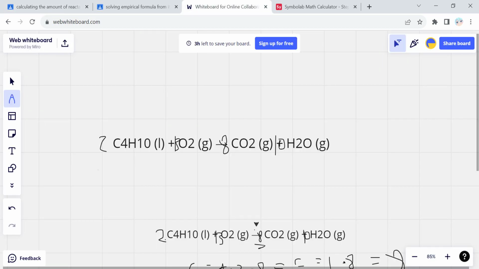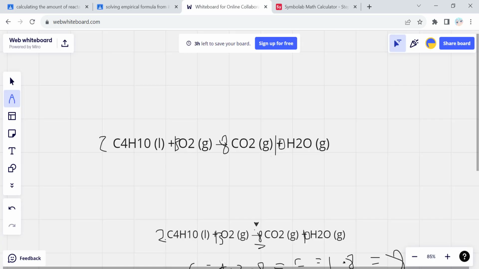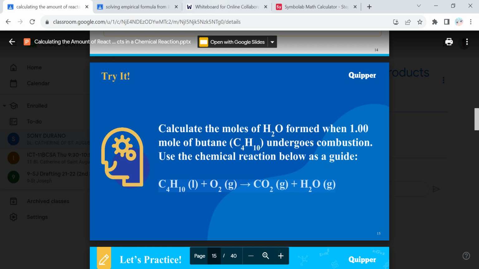So from this equation, we can see that for every 2 moles of C4H10, there are 10 moles of H2O, right? 10 moles of H2O.